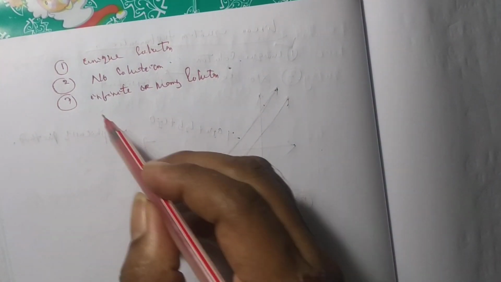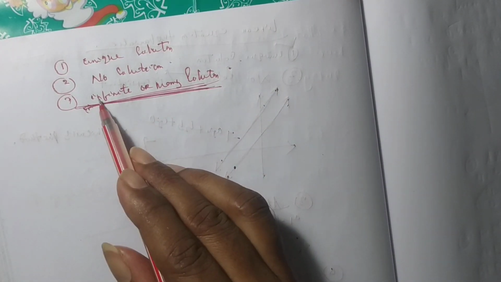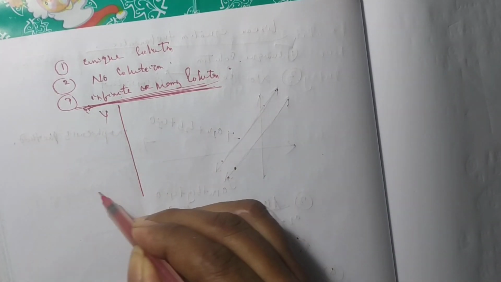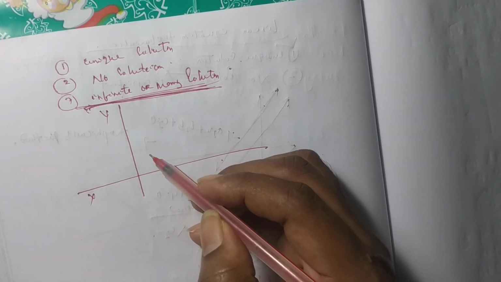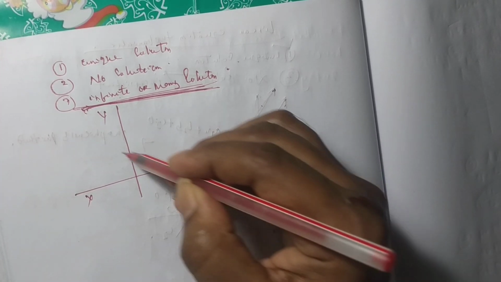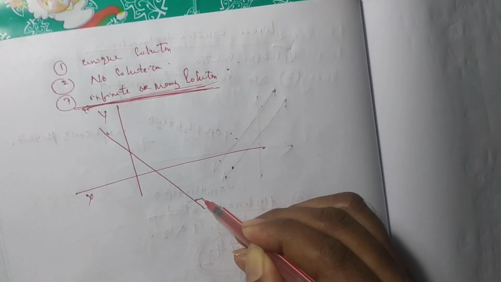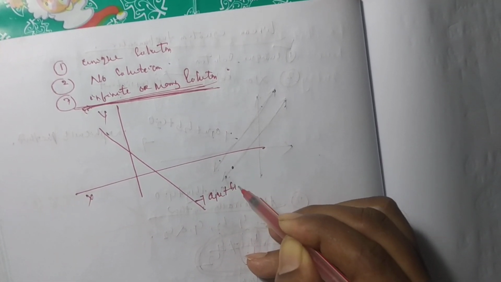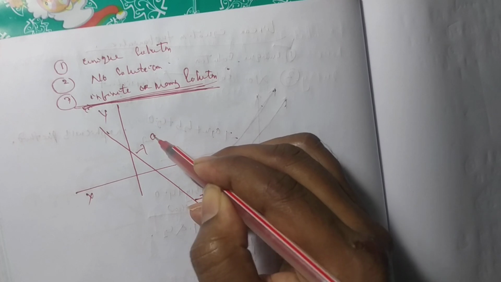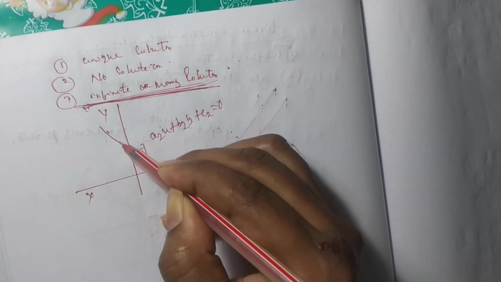Firstly, I am telling you how you will draw the graphical process of infinite many solution. This is the y axis and this is the x axis. This is one line. I just draw it for an equation a1x plus b1y plus c1 equal to 0, and another equation a2x plus b2y plus c2 equal to 0.